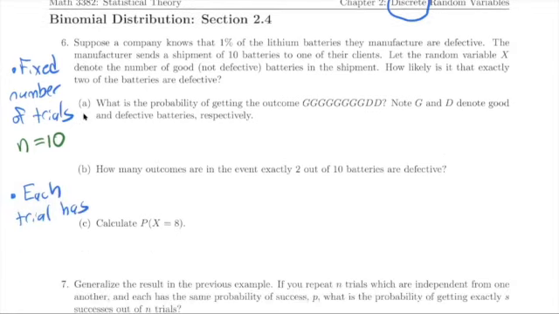Second, each trial has two possible outcomes, a success or a failure, which is the case here.